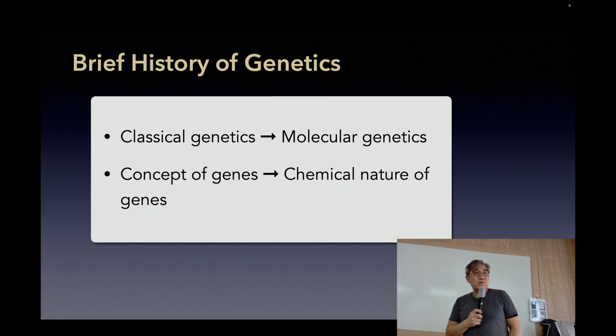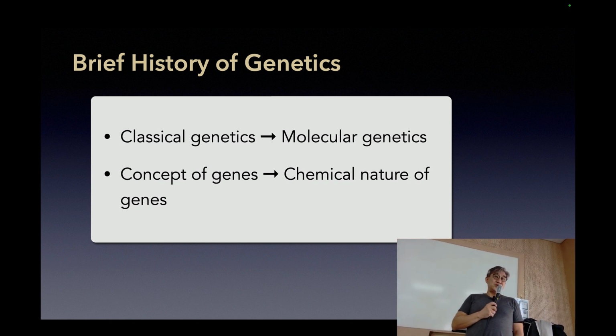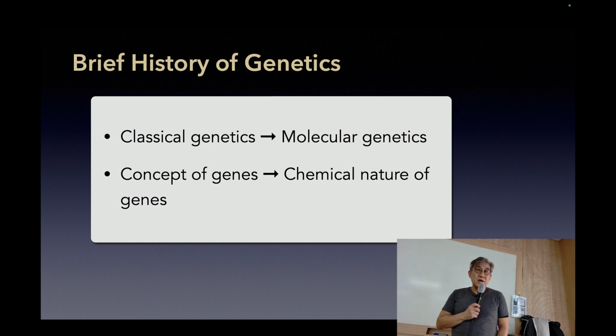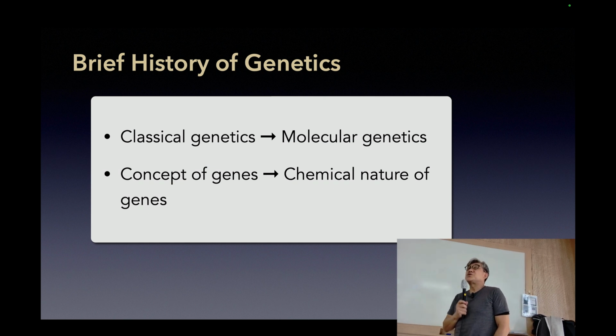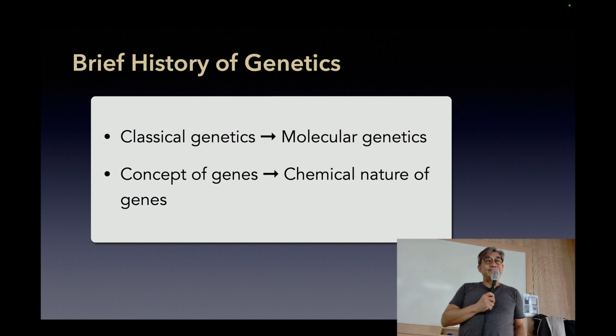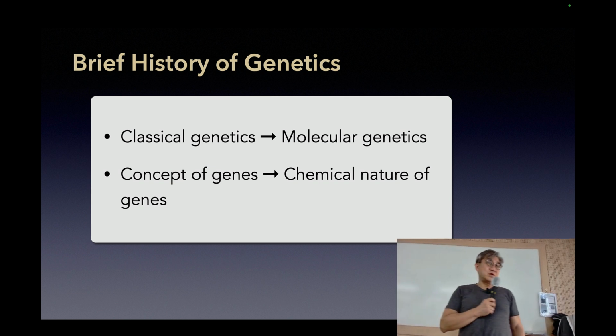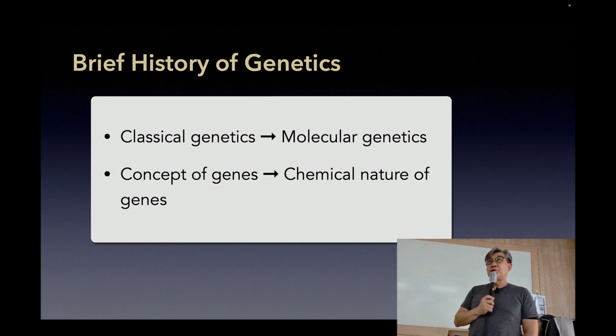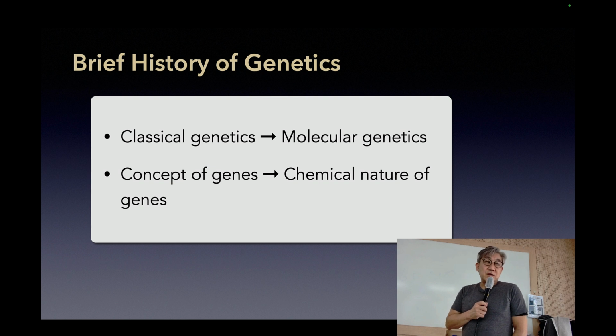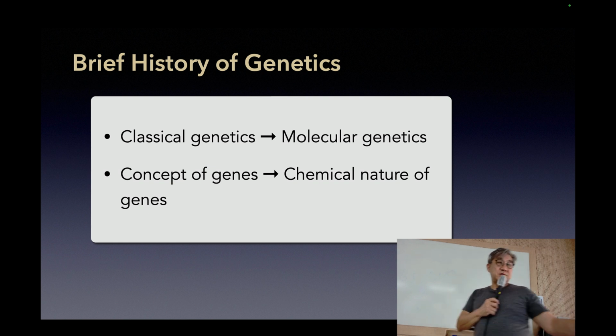Genetics began with so-called classical genetics, also called transmission genetics, and made a gradual, smooth transition into so-called molecular genetics.